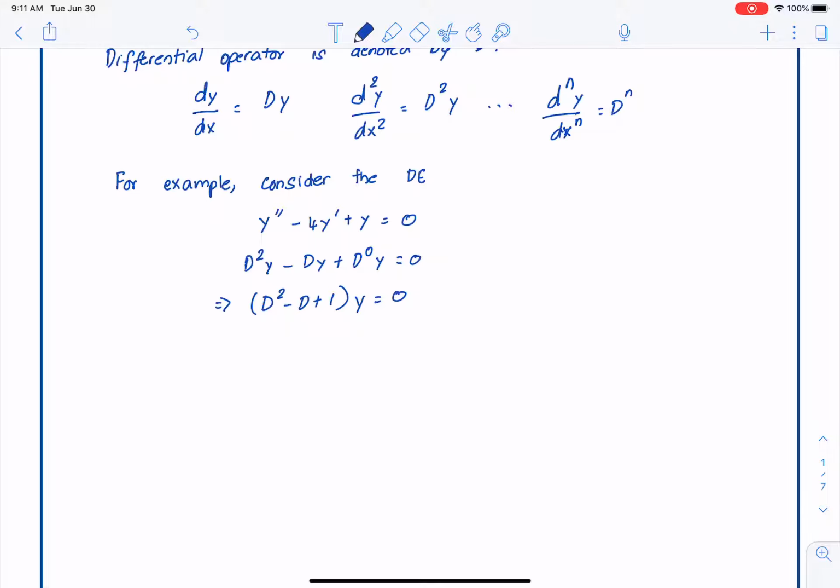The use of differential operators would come into play later on, especially in terms of notation and such.